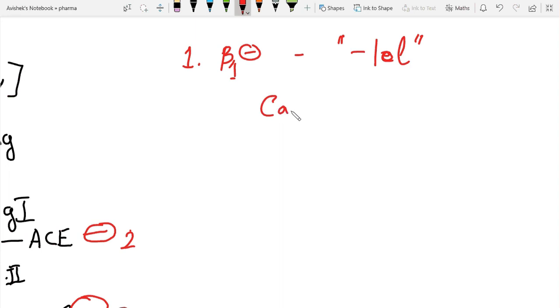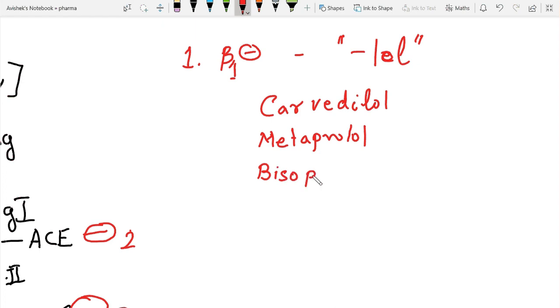Example: carvedilol, metoprolol, bisoprolol. Carvedilol, metoprolol and bisoprolol.